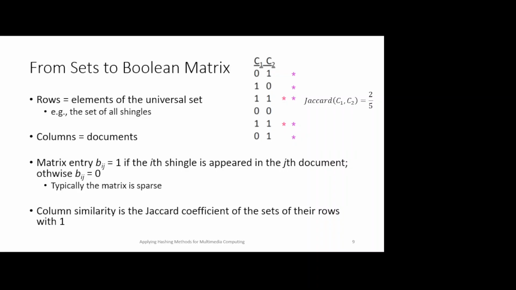This is another way to compute the Jaccard coefficient: you just count how many of these patterns, 0,1, 1,0, and 1,1, appear between the two documents, to compute the intersection and the union. Any problems? It provides you another view to calculate the Jaccard coefficient.